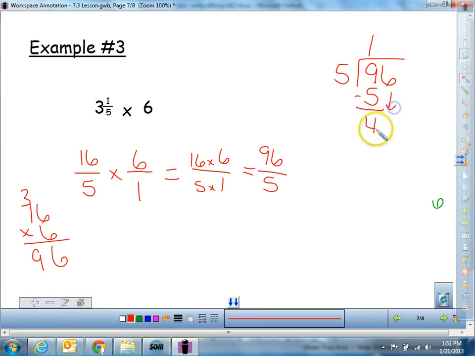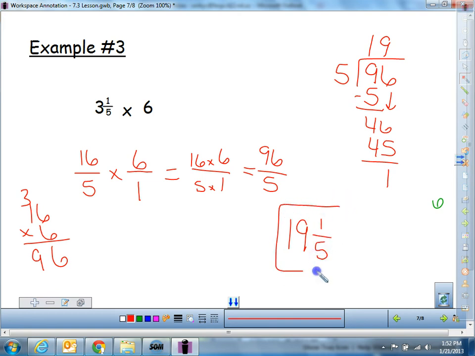Bring down my 6. 5 can go into 46 9 times. 9 times 5 is 45. What do I have left over? 1. So this tells me my whole number is going to be 19. I had 1 left over that I didn't use. That's my top number. 5 is my bottom number. So 19 and 1/5 is my answer.